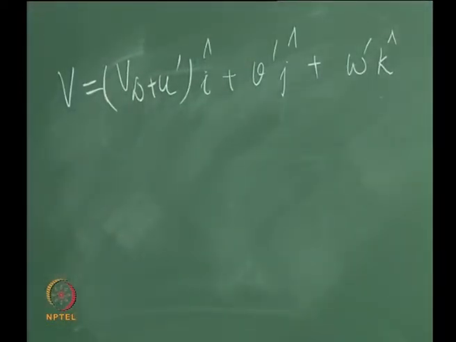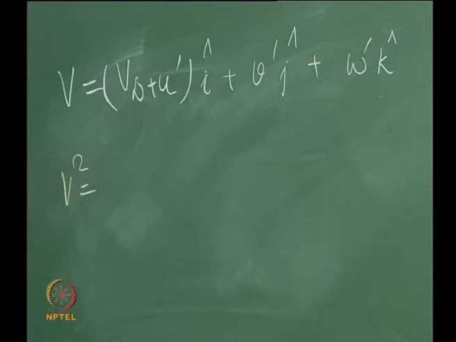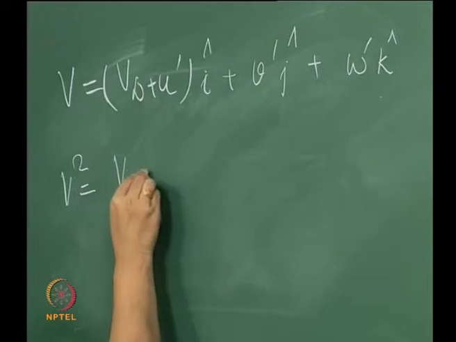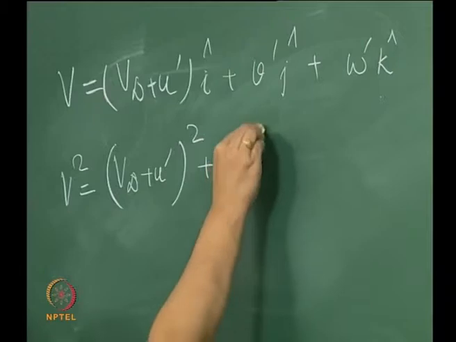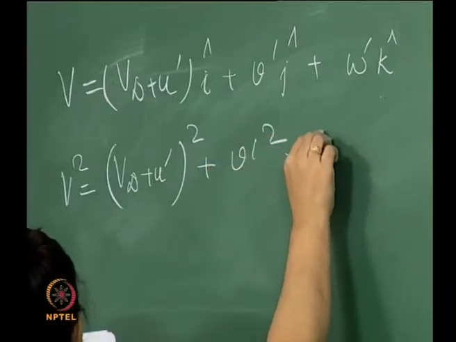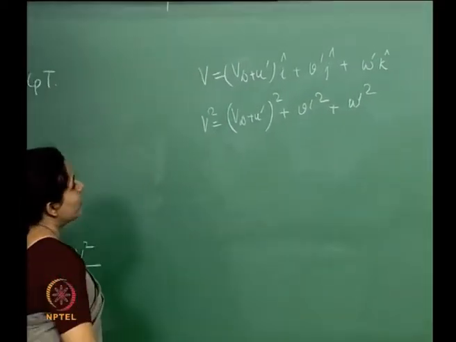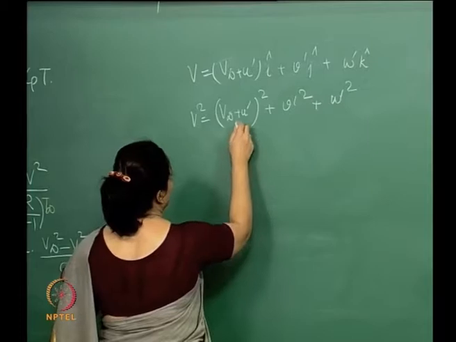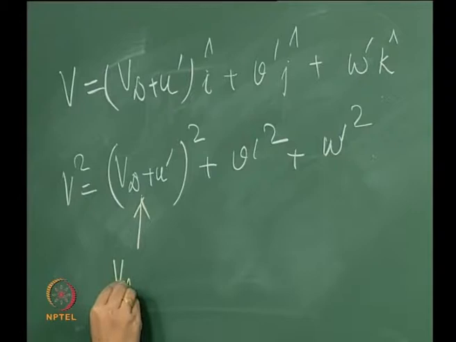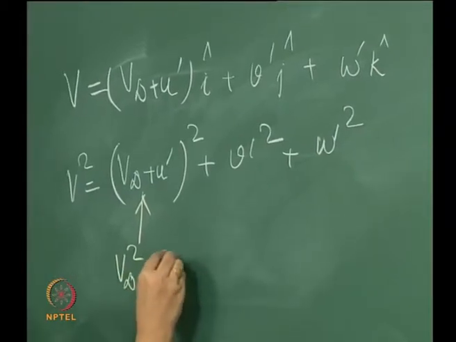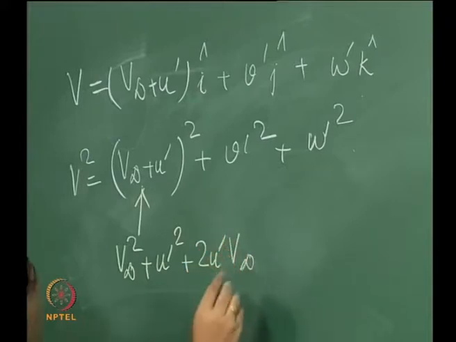So therefore when we say V square, it is equal to what? It's basically equal to this. So if I do this, what I get from here, this term becomes this.